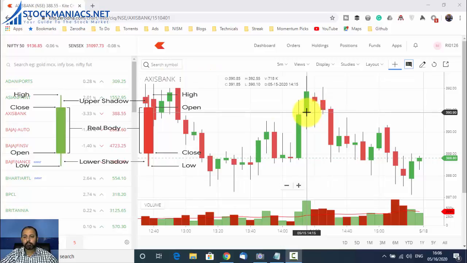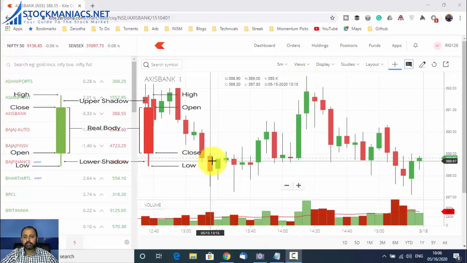So Axis Bank opened here, then it made a low here, then it made a high here, and finally the price closed here. So this is a bullish candlestick because the open is on the lower side and the close is on the higher side. And there is a lower wick and there is a higher wick.